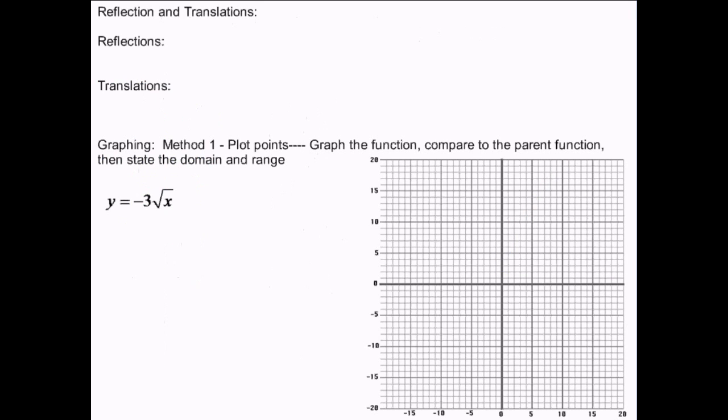Okay, so reflections and translations. A reflection is like looking at your reflection in the mirror. If you have words on your shirt, they get flipped backwards and you can't read them. Well, that's what happens when you reflect a graph. It flips.